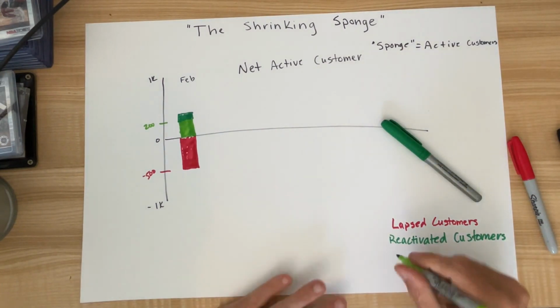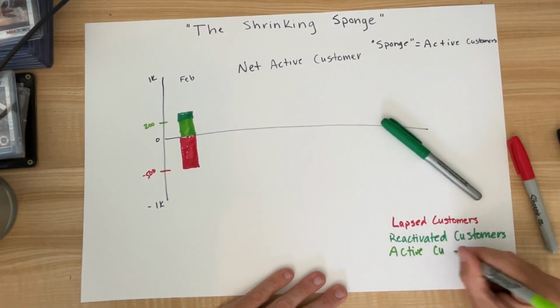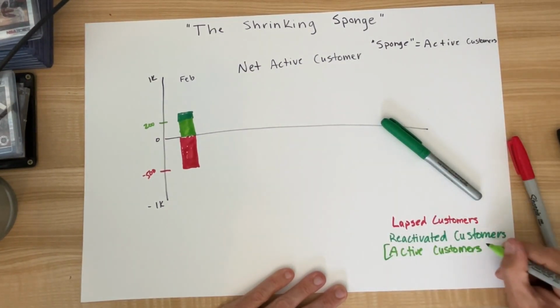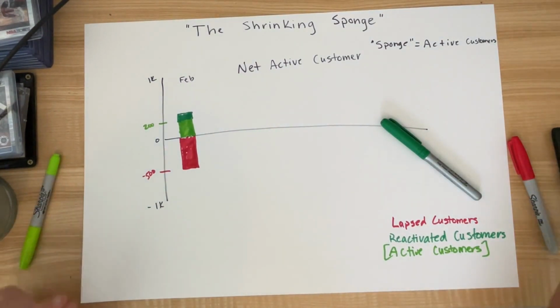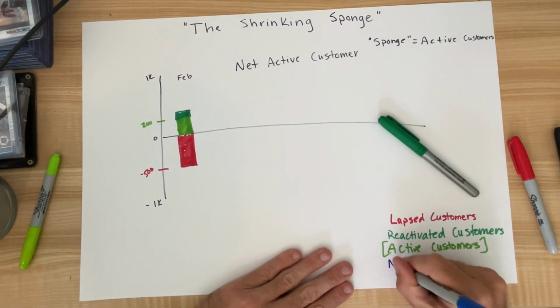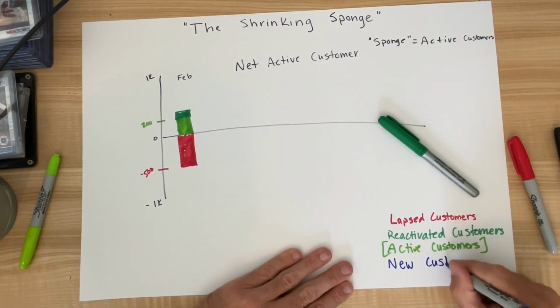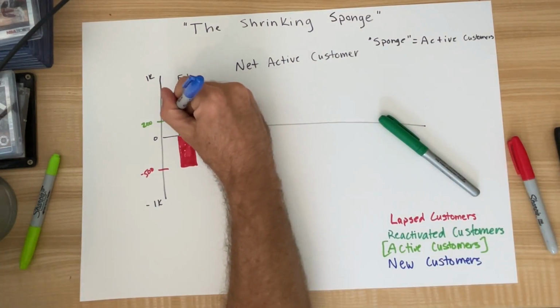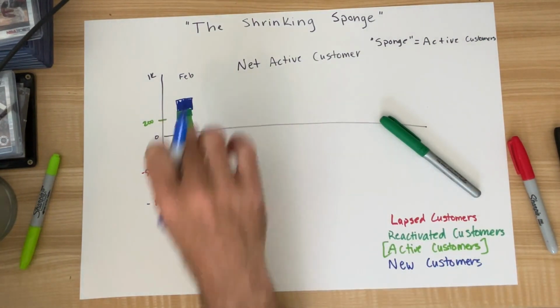We'll put them in here. These are our active customers. Those are those for whom they are still within that repurchase window. This is our sponge, as we noted above. Sponge equals active customers. And then, of course, we have new customers. These are customers newly acquired in any time period. So they represent some portion of customers that you add. 4 categories of customers every month for you.